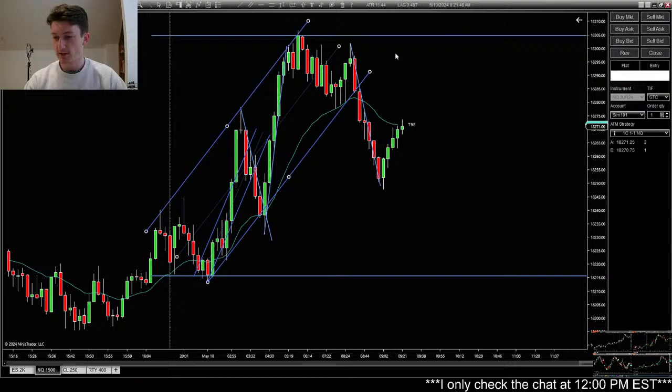This uptrend feels a little bit more correct to me. Could be a close outside a new low for the short-term downtrend.